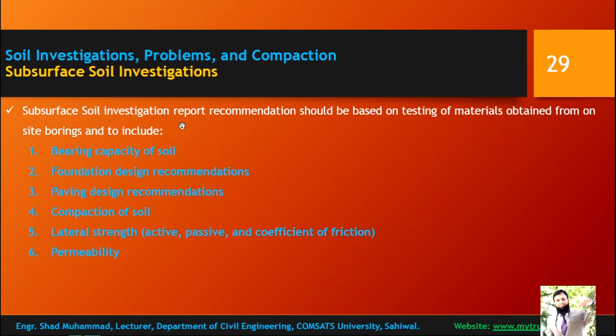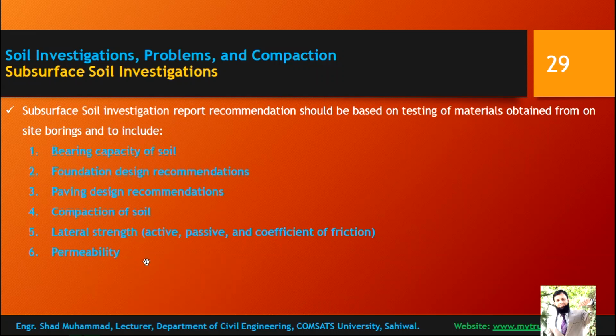Subsurface soil investigation report recommendations should be based on testing of materials obtained from on-site borings, and should include the bearing capacity of the soil and foundation design recommendations, paving design recommendations, compaction of the soil, lateral strength, lateral active earth pressure, passive earth pressure, coefficient of friction, and permeability.